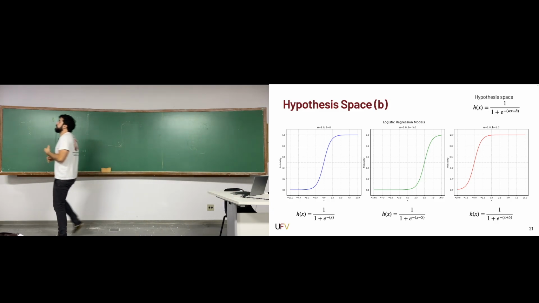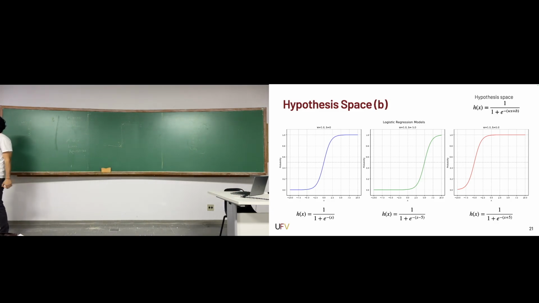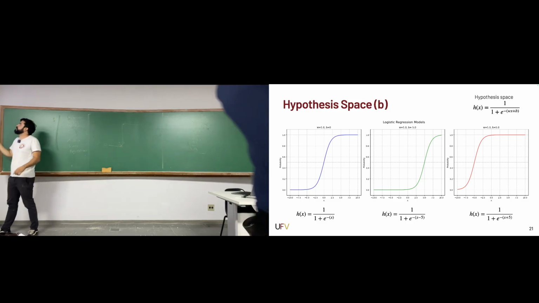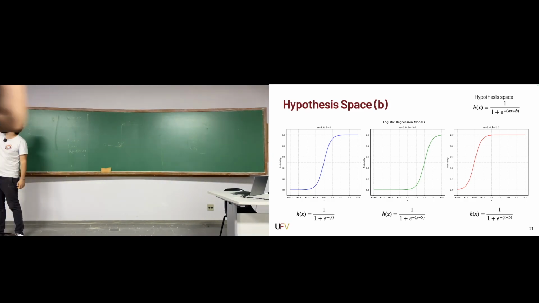All right. And here is how b affects the shape of the sigmoid. Now I'm fixing w to 1, and I'm changing the b's. So I'm changing from 0 to minus 5 and then 5. And here what b does is it just shifts the curve on the x-axis. So if b is 0, then the curve here is going to be centered at x equal to 0.